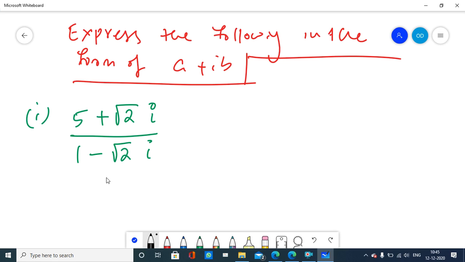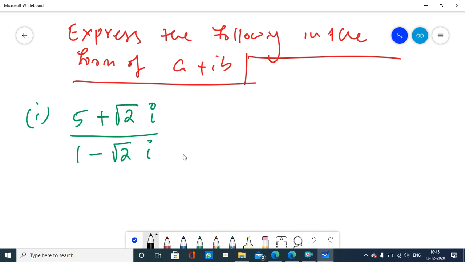Now we know that if we divide one complex number by another complex number which is not equal to 0, then in the result we also get a complex number. That is, this whole thing is a complex number.